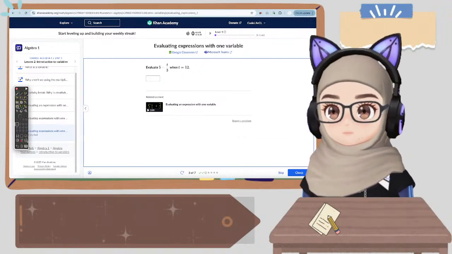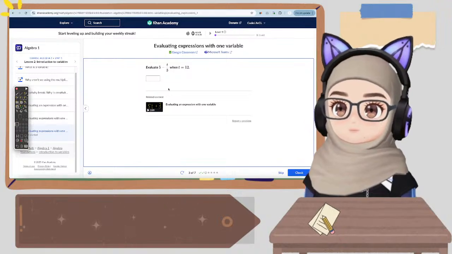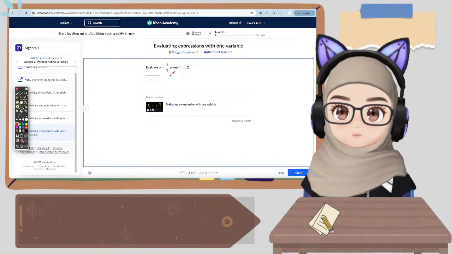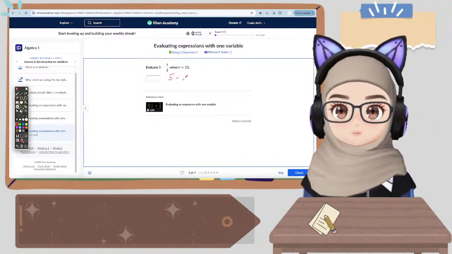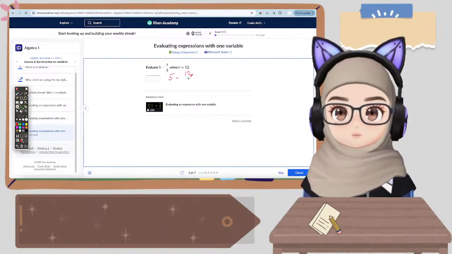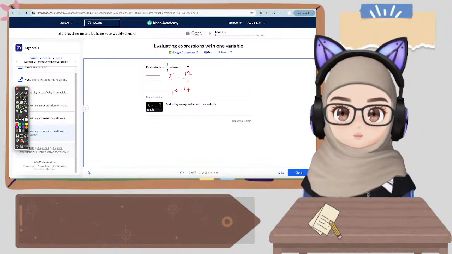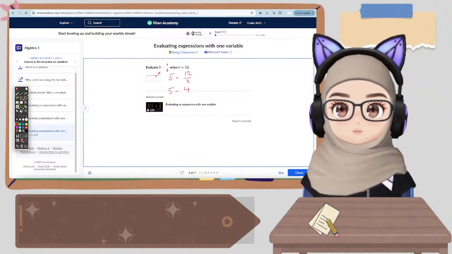Next question. I'm gonna write this one down. 5 minus 12 divided by 3. This part becomes 4, and then 5 minus 4 is a 1.